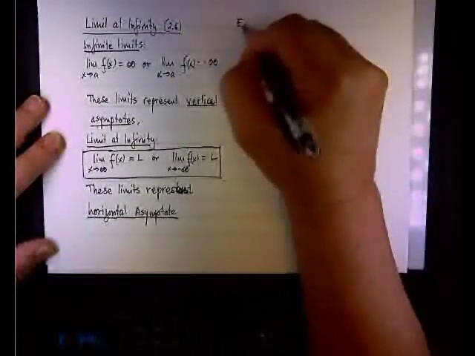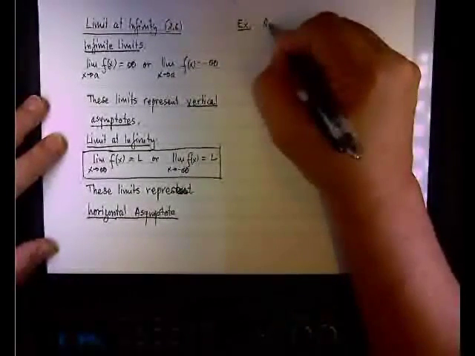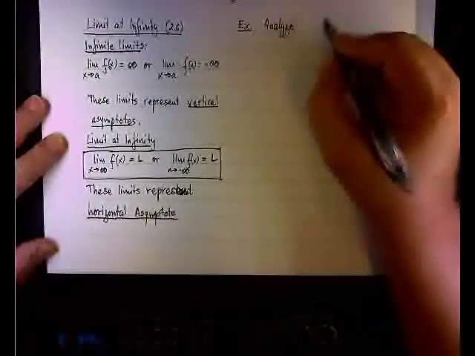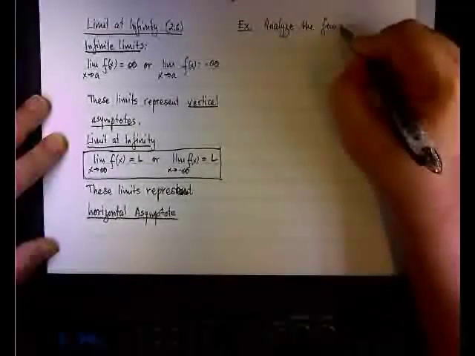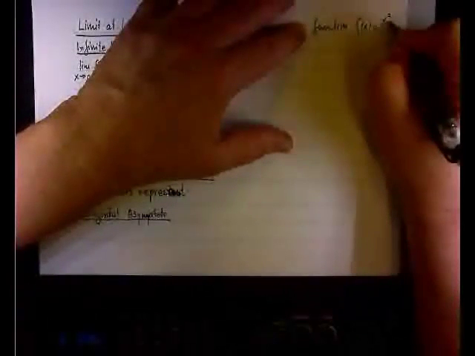Okay, here's a quick example. For instance, we want to analyze the function f of x equals x squared minus 1 over x squared plus 1.